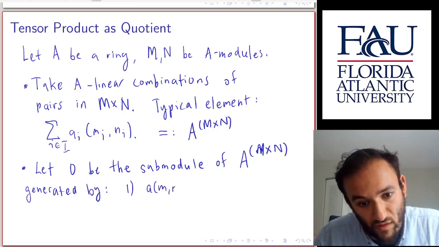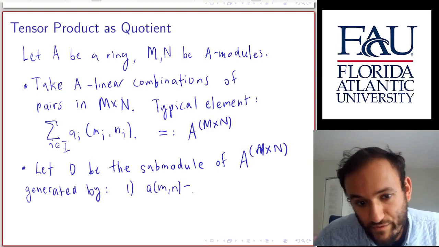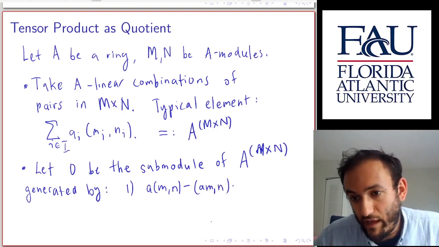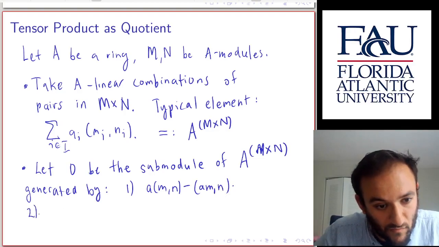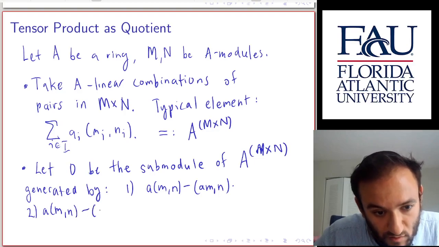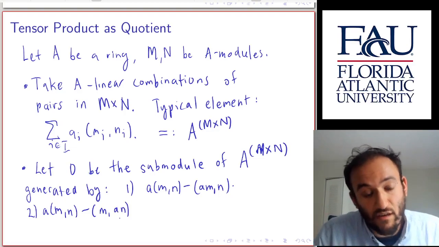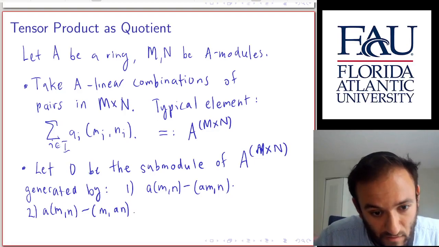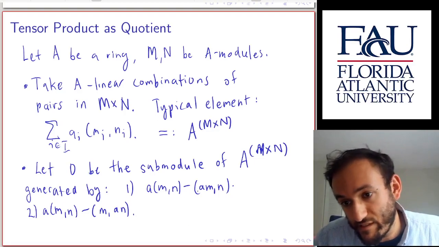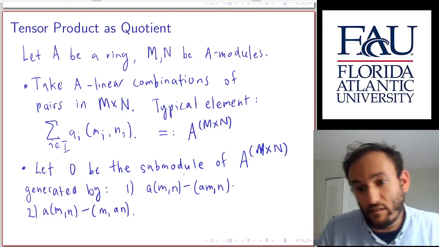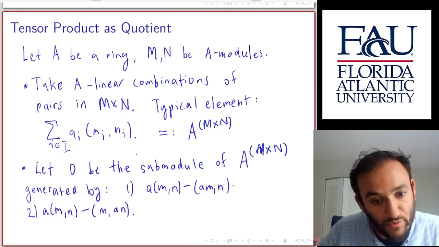Just make it (am, n) will be set equal to a(m, n). Similarly, the same relation will hold by passing in to the second factor. Right? So now we're saying that you can scale in either one of the two factors, and it will amount to the same thing. Okay, and the reason I'm denoting this as differences is because once we quotient out by this submodule, these two elements will be considered equal, since their difference is in the submodule.